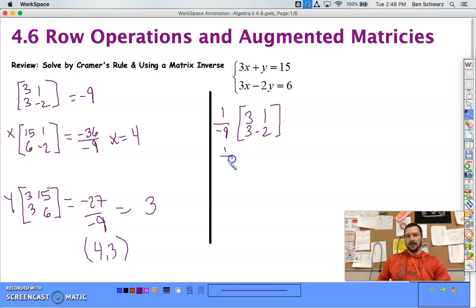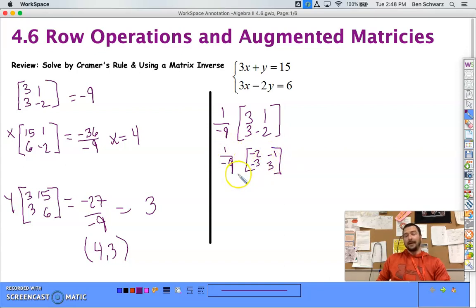Oops, I should have written it down here. 1 over -9, times, so if you remember, we switch these two around, so -2 and 3, and then these become negative, so -3, -1.